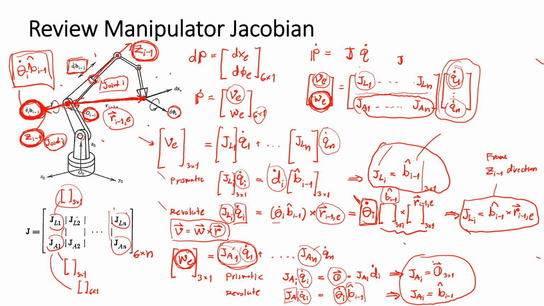And for the angular rotation of a prismatic joint, the Jacobian vector will be 0.